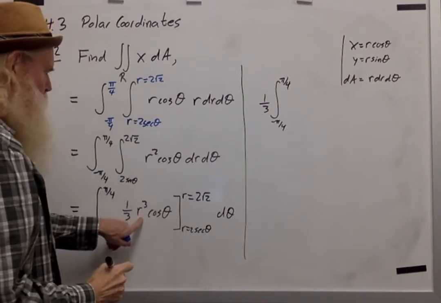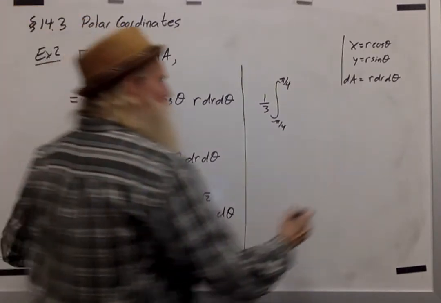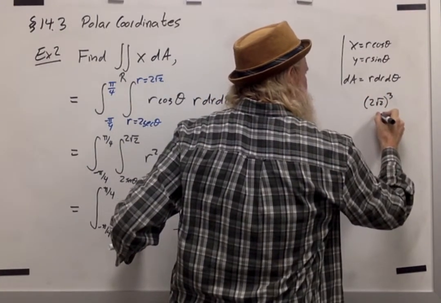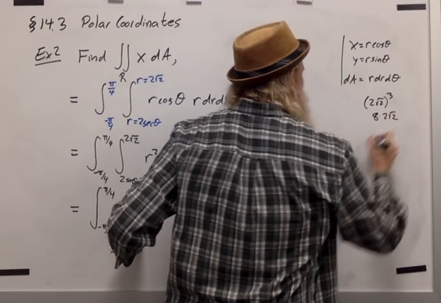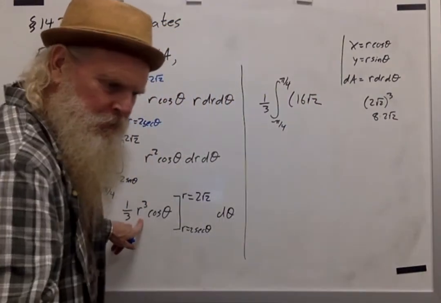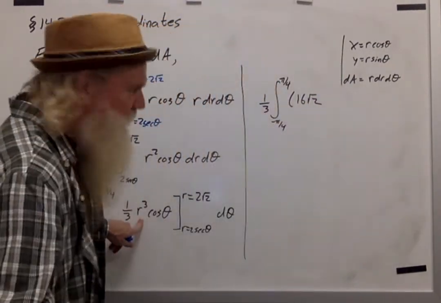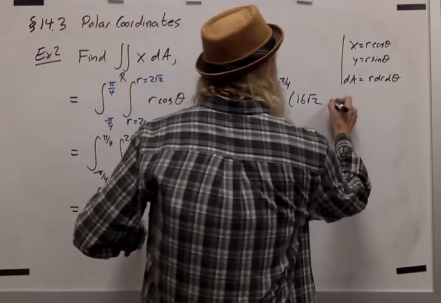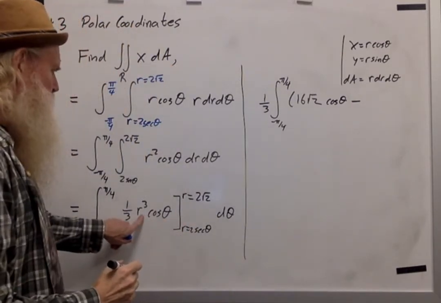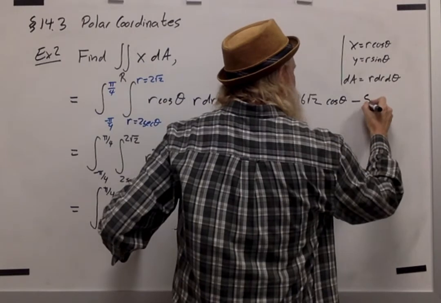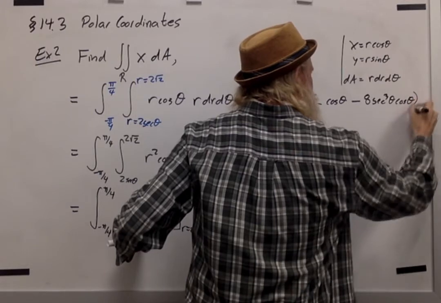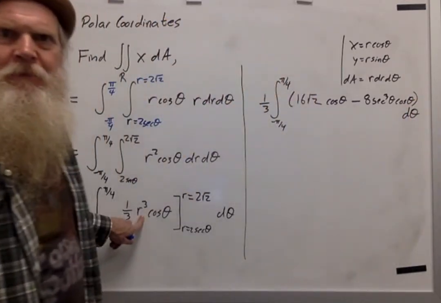Plugging in r equals 2 square root of 2, 2 root 2 cubed is 8 times 2 square root of 2, so that's 16 square root of 2 times cosine theta, minus, plugging in the lower bound, 2 secant theta cubed will be 8 secant cubed theta times cosine theta d theta.